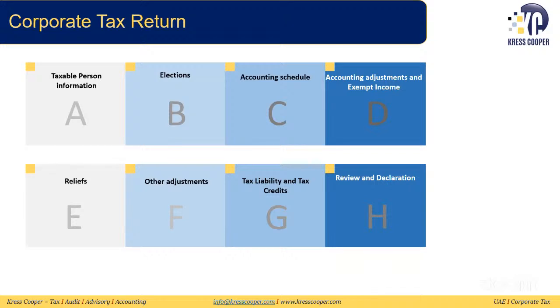And then the last, we review the return and we declare it. So today, like we discussed, we will be taking you from A to D for the overview and also in the guide itself. And then we will continue with E, F, G, H, and the various schedules that are there in the guide itself in our subsequent tax webinars.